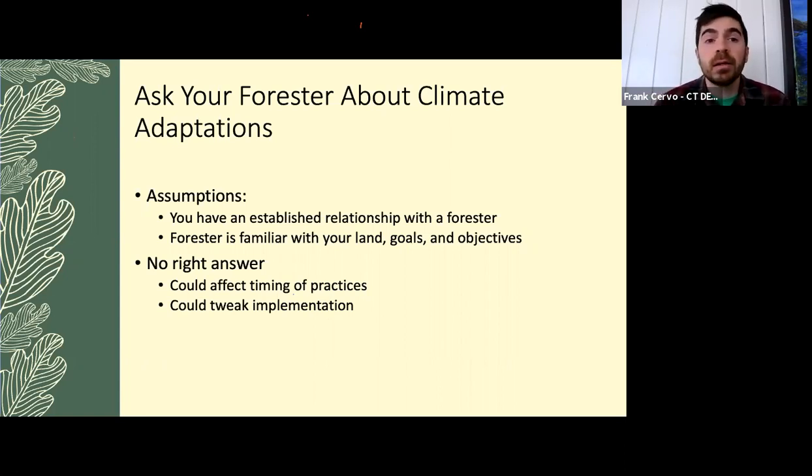And it could be as simple as just having a conversation and really learning that your forest is in a pretty good condition the way it is, or a lot of times preparing for climate change might mean affecting the timing of a planned practice, or perhaps changing the implementation in some way.